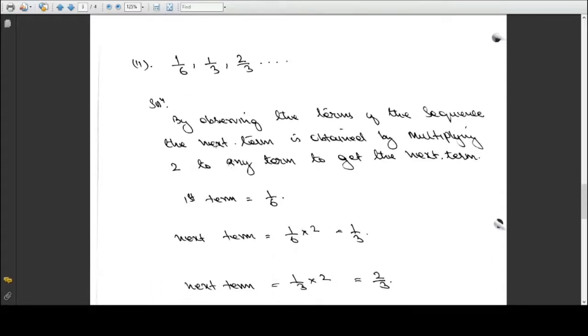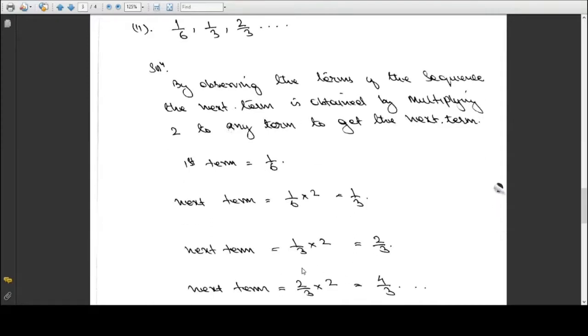See here, the first term is 1 by 6. The next term is 1 by 6 multiplied with 2, you are getting 1 by 3. Now what will be the next of 1 by 3? 1 by 3 multiplied with 2, that is 2 by 3. What will be the next term?